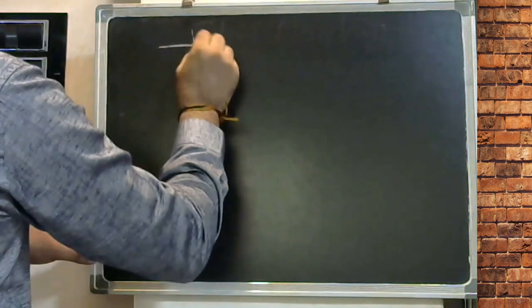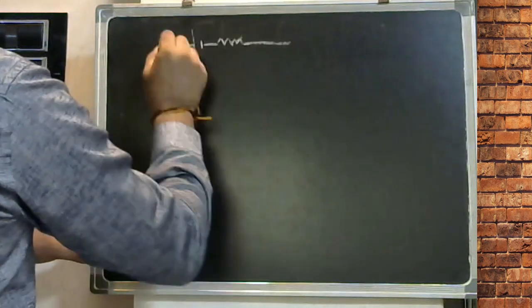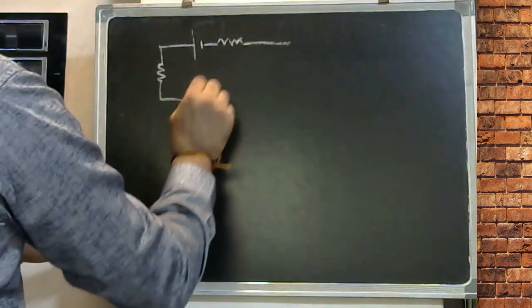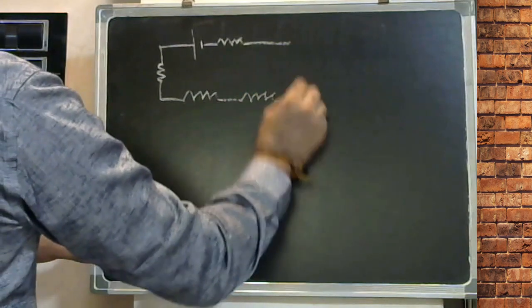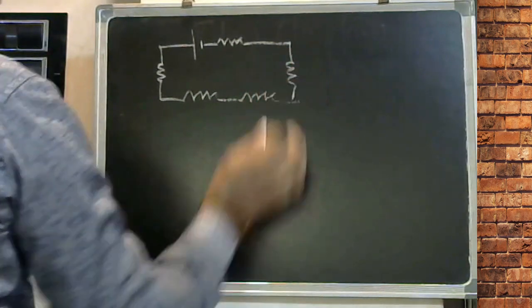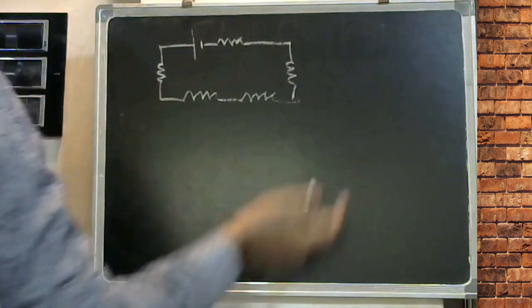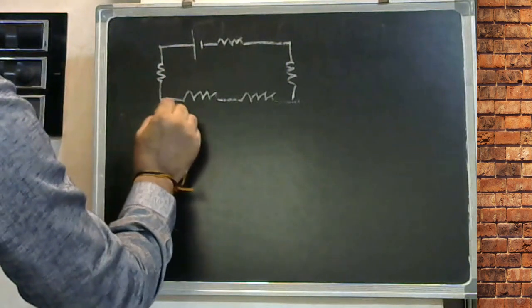Let's take a circuit now. Let's have a circuit which is not a single loop, but more than one. If a single loop is there, it's very easy to find the current because I just have to find the total R and V by R gives me I. But I need more complicated circuits now.